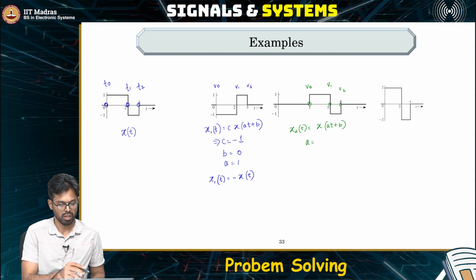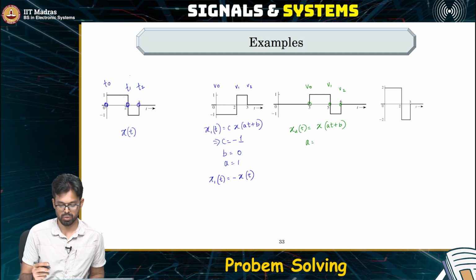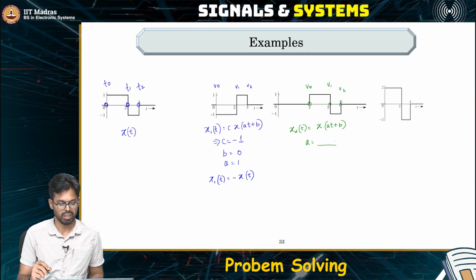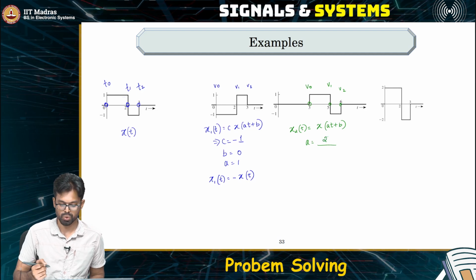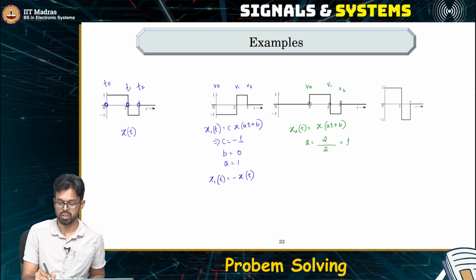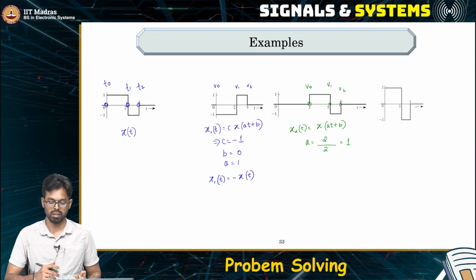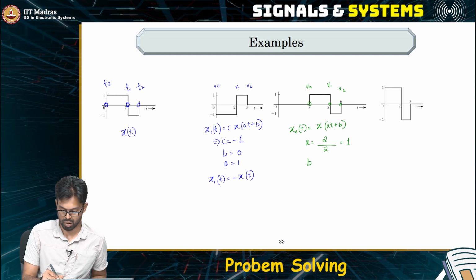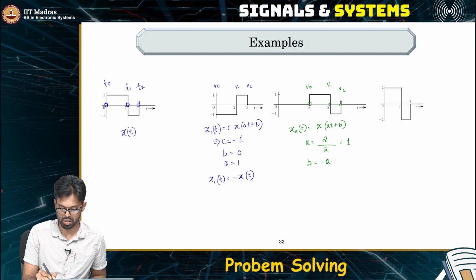A is, let's take the points T0 and T1. So T1 minus T0 is 2 and V1 minus V0 is also 2. It just gives us 1. So there is no time scaling, it's just 1. And in order to find b, it is minus a times the shift of origin.